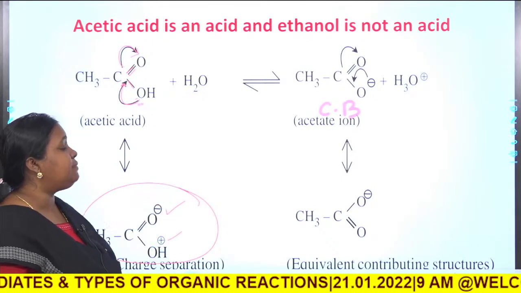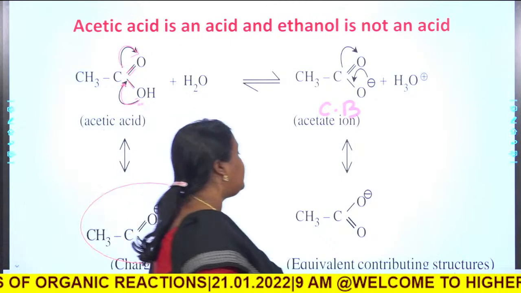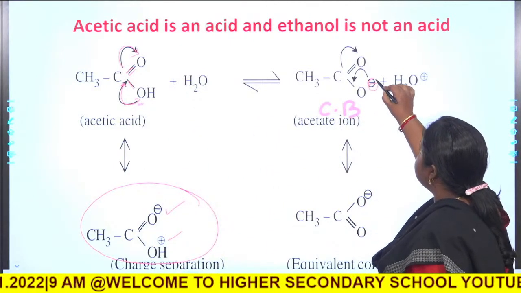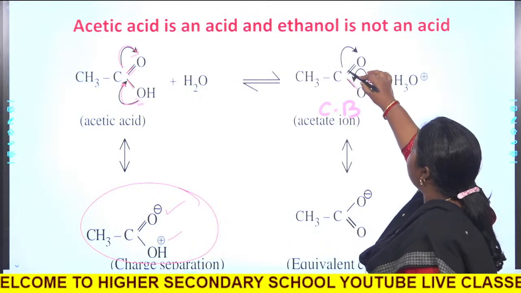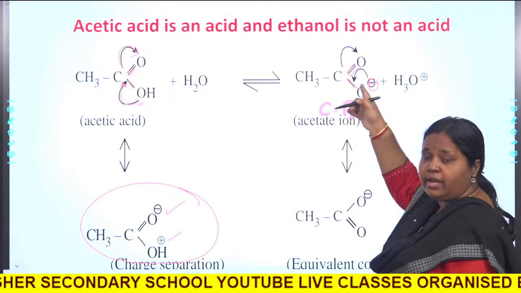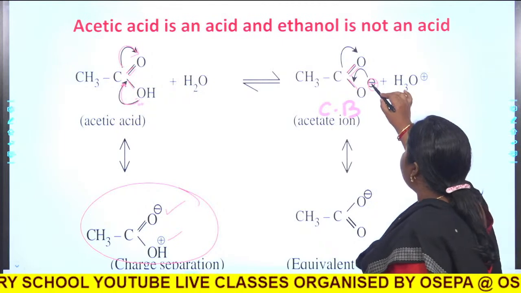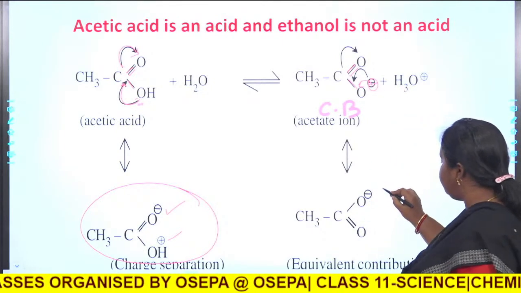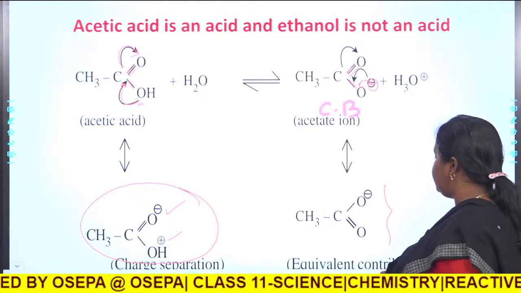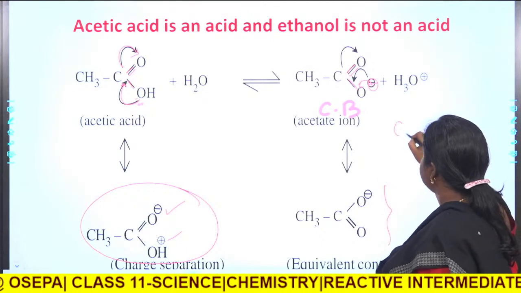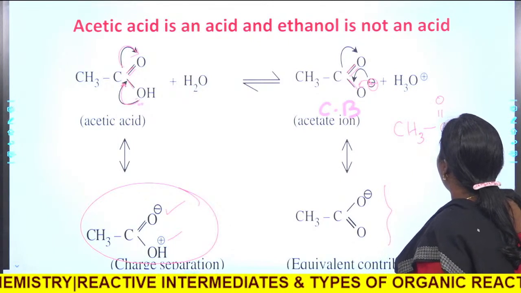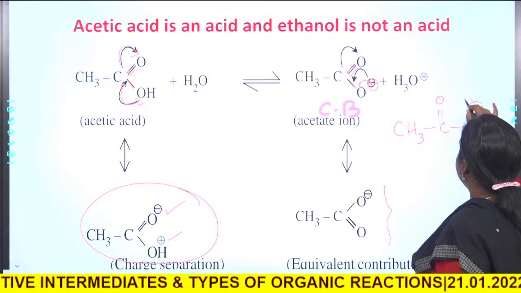But in case of acetate ion, mark here, negative charge, sigma bond, double bond. So, it can also give resonance. So, due to resonance, what happened? Now, due to resonance, CH3, C double bond O, O minus.